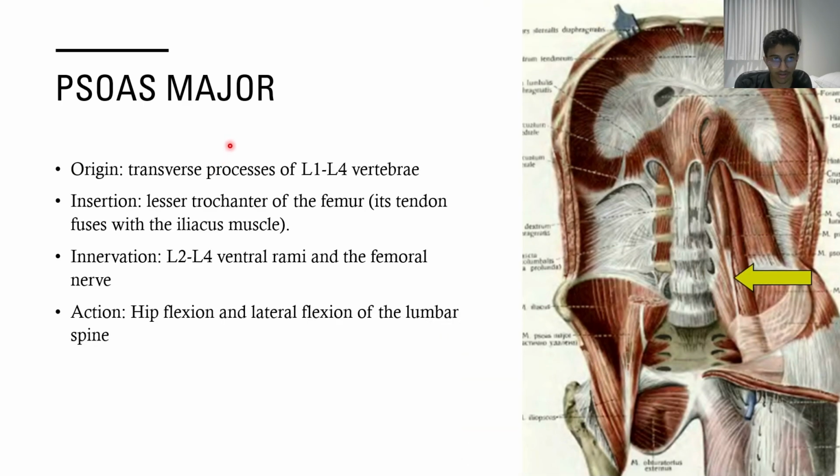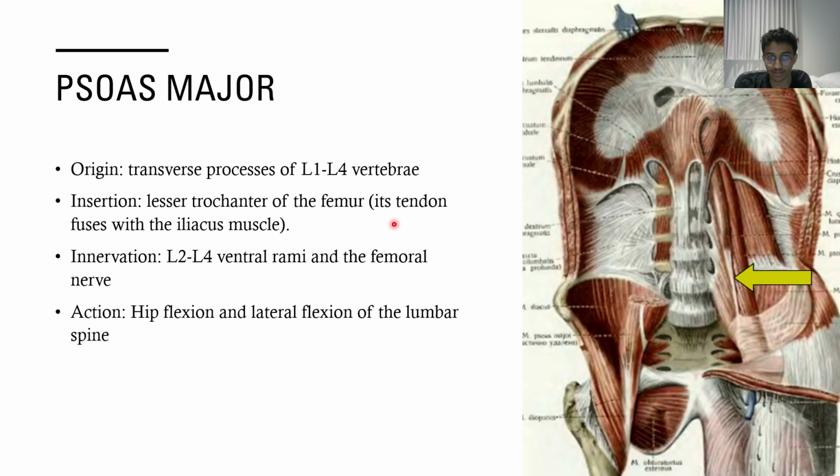And for the second muscle, the psoas major, it's a very important muscle for a block. Its origin is the transverse processes of the L1 to L4 vertebrae, and it inserts at the lesser trochanter of the femur.